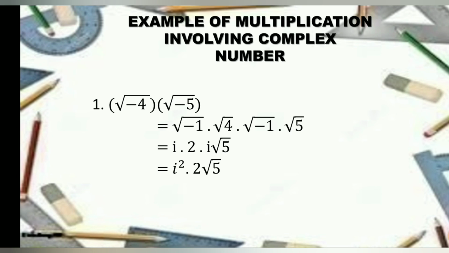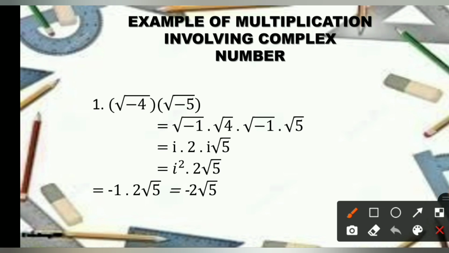Always remember that i squared is equivalent to negative 1. So negative 1 times 2 square root of 5, and the answer is negative 2 square root of 5.